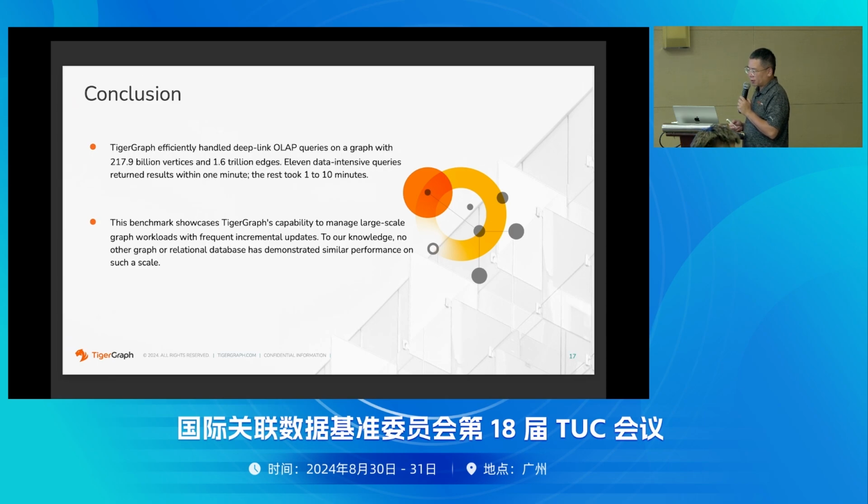And 11 of the data-intensive queries returned results within 1 minute, and the rest took 1 to 2 minutes, depending on the query. And to our knowledge, no other graph or relational database has demonstrated similar performance at such scale. Yeah, that concludes my talk.